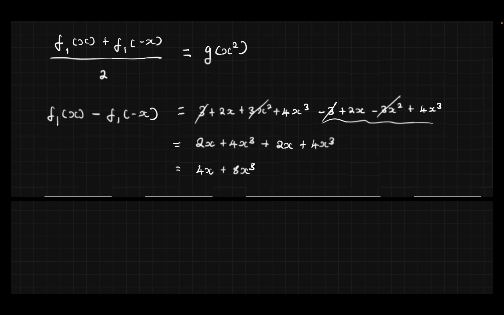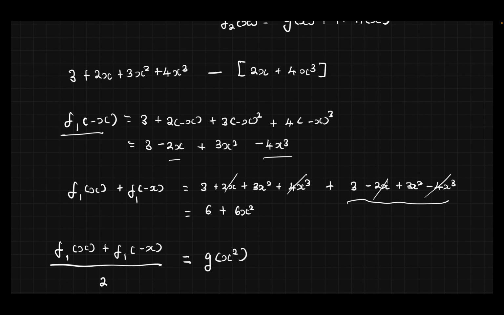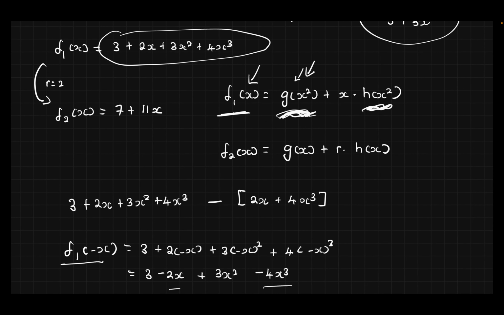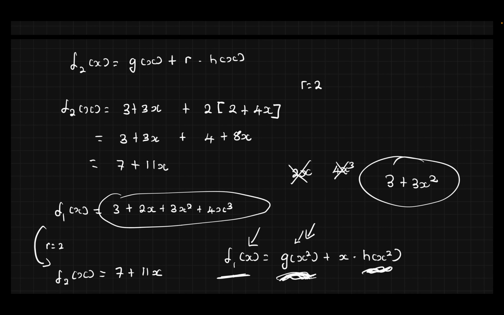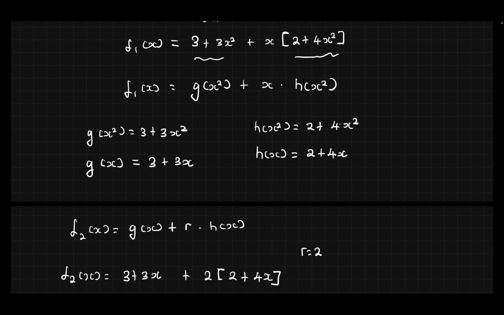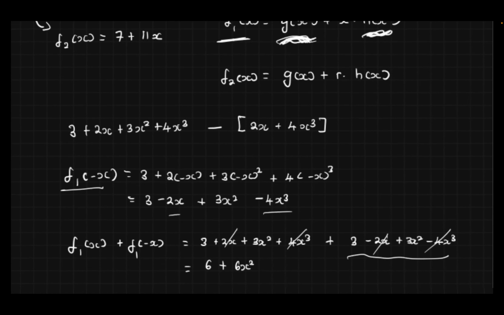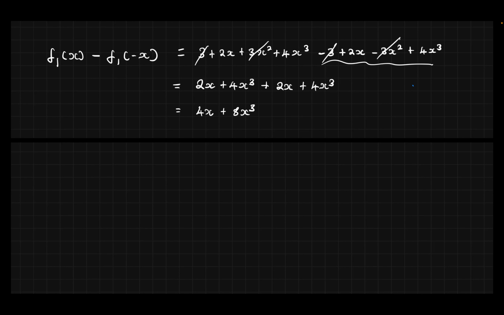But now, was that our h of x squared? This is our h of x squared, divided by 2x.